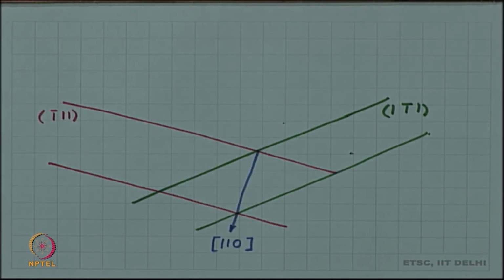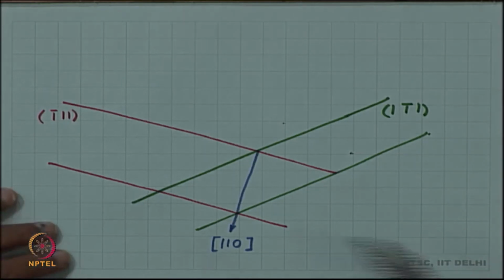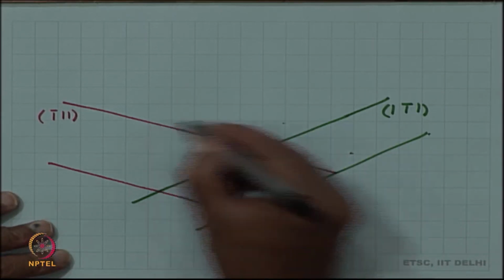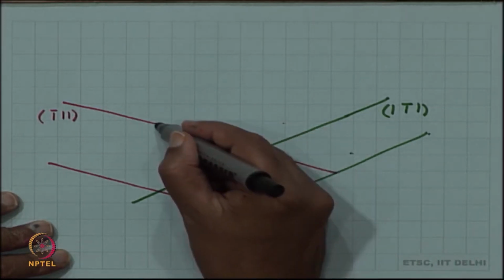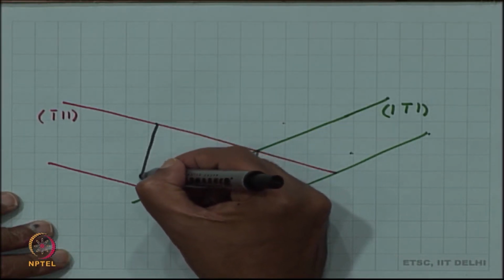Now, let me create a dislocation in the bar 1 1 1 plane parallel to the line of intersection.